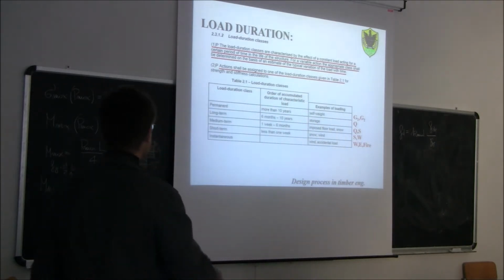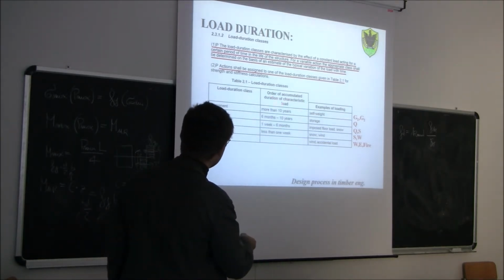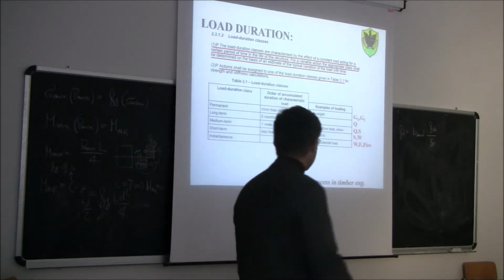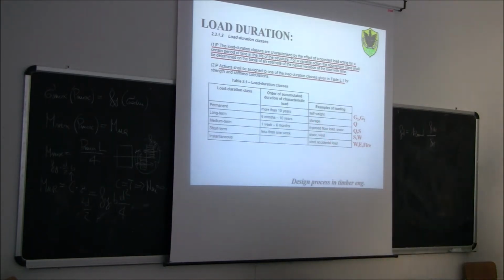Then we have another load duration class defined as long term. In this case, you see the order of accumulated duration of characteristic load is between 6 months and 10 years. Typical examples are storage loads. If you are designing a library, for example, the variable action that you design the library for is regarded as long term because it's storage.